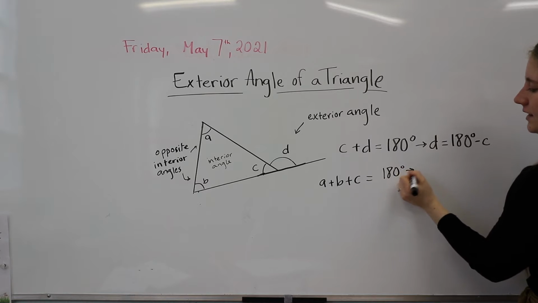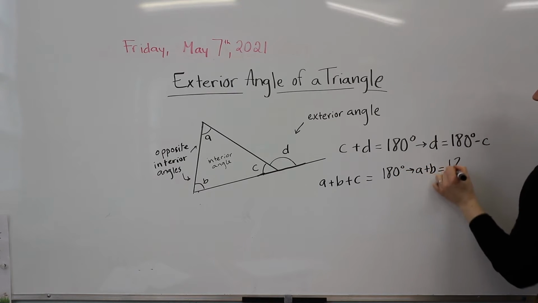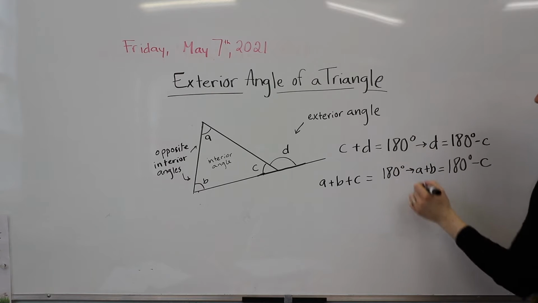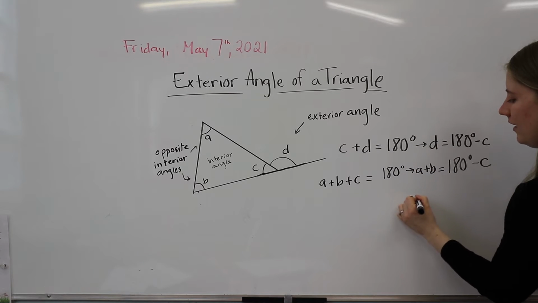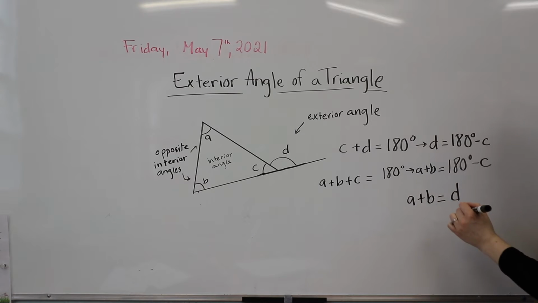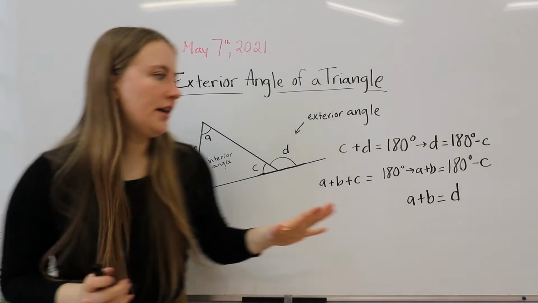And in this case, A and B equals 180 degrees also minus C. So that means that A plus B equals D, okay? Do you see how that works?